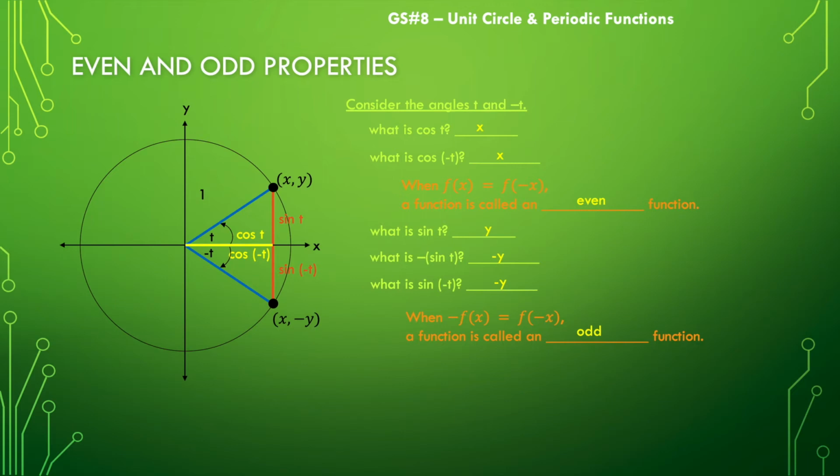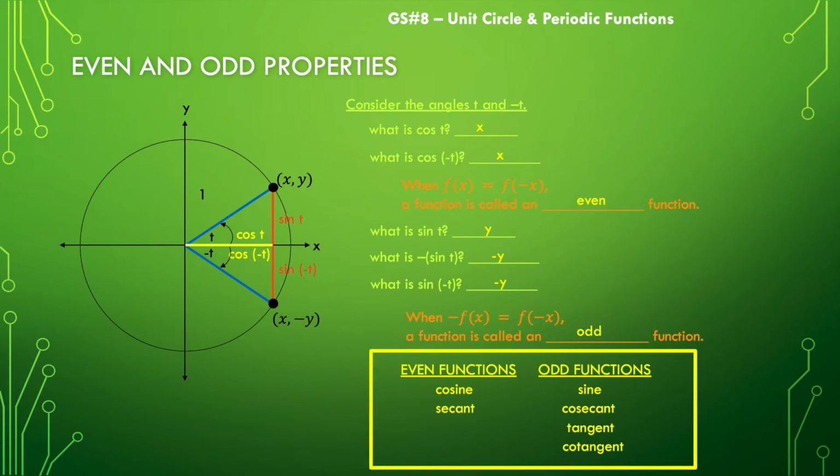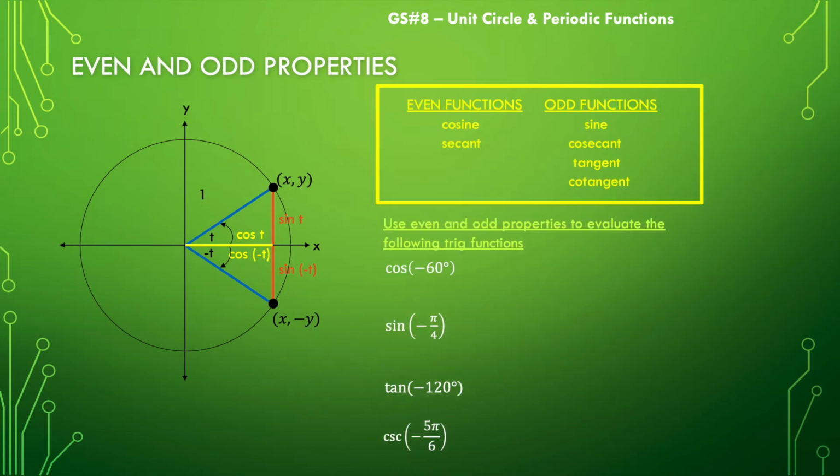And so if we're looking at these functions, we can definitely say that the trig functions have either even or odd characteristics. Cosine and its reciprocal secant are the only ones that are even, and the rest of the trig functions are odd functions. So that's a handy little thing for us to know, and we can actually use it to help us evaluate the trig functions of negative angles.